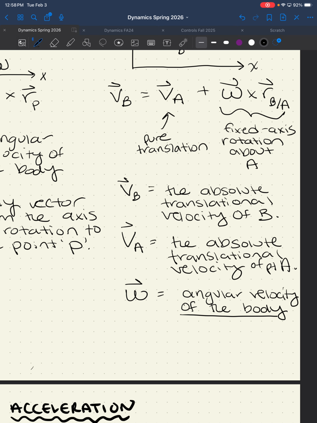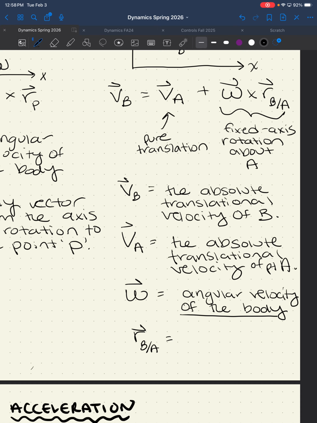And then lastly, you tell me, how do I interpret this symbol here? What B with respect to A? When we talk about Cartesian coordinate system, this R vector is what? Position, velocity, or acceleration?